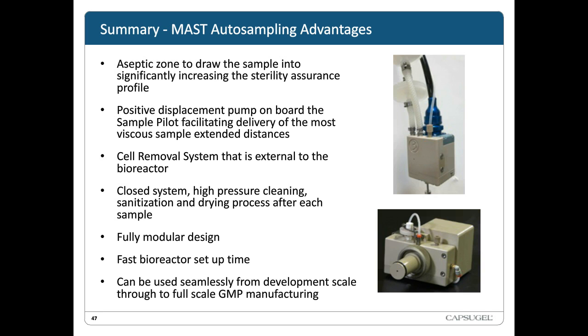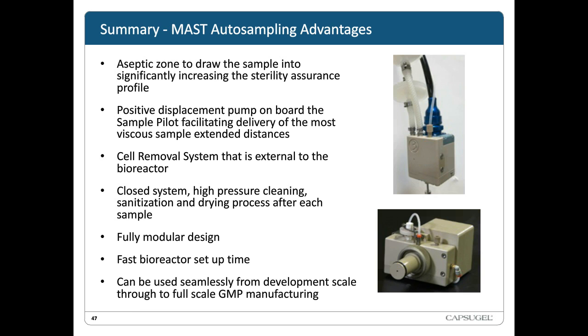We can be very consistent in delivering samples, even over extended distances, and things that are quite viscous. This microbial sample we push is very thick, and getting that 80 feet to the Gilson is something that the sample pilot SP100 can do very reliably. The cell removal system that's external to the bioreactor, I think, is a very important aspect of that system.